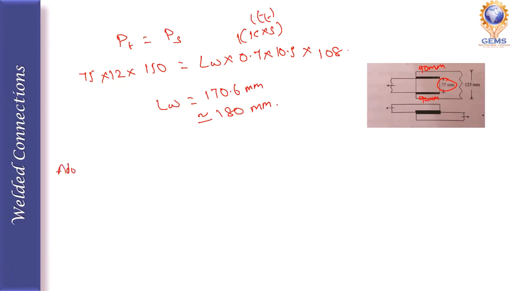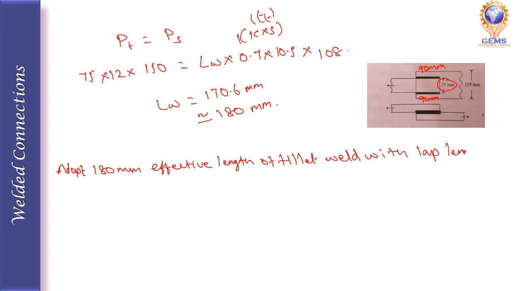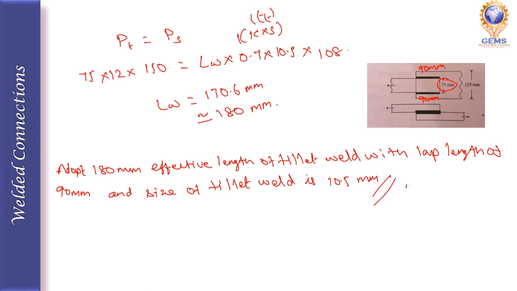So adopt 180 mm effective length of fillet weld, with a lap length of 90 mm, and the size of the fillet weld is 10.5 mm. So this is the solution for the second question.